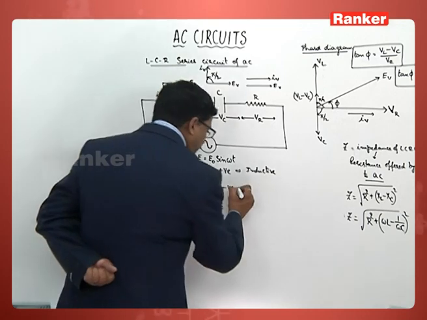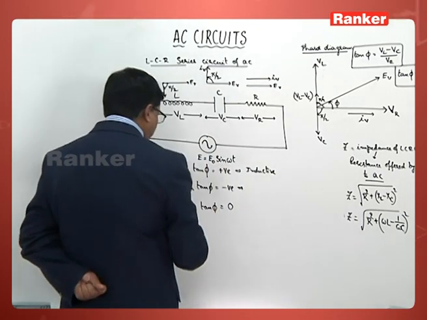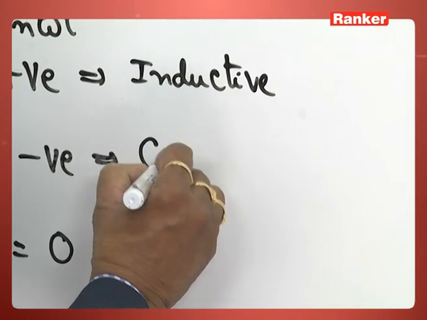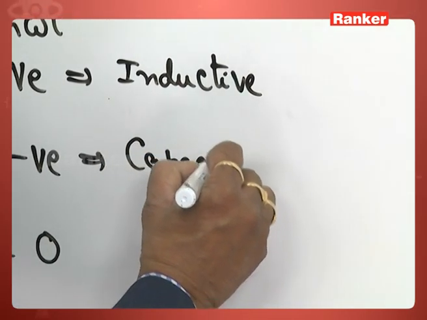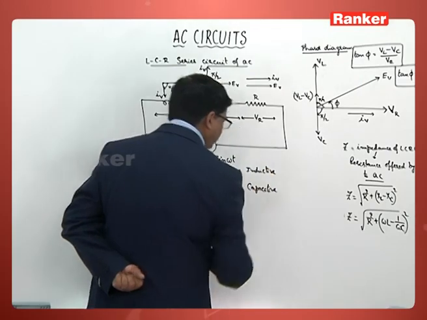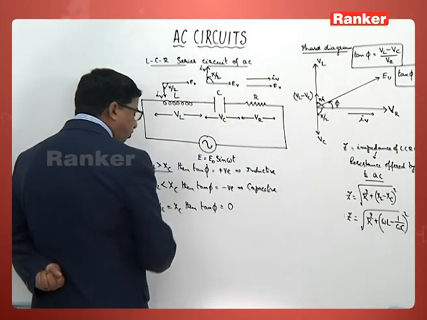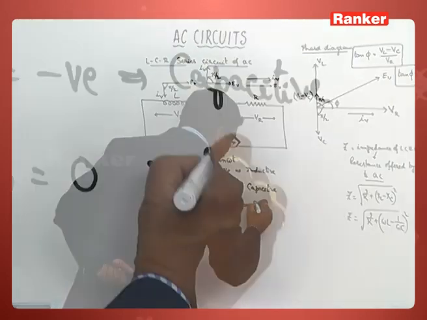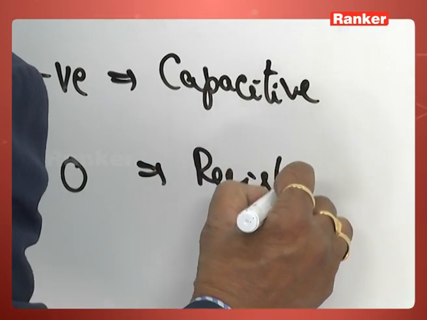In the same manner, if XL is less than XC, that circuit will be a capacitive circuit. By any chance if both are equal, then that particular circuit is a resistive circuit.